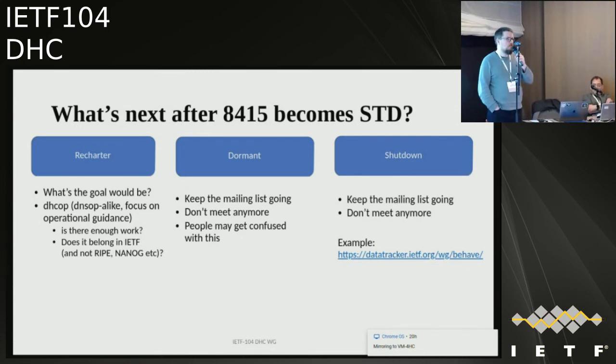Just to echo Suresh again with his AD add-on, it supports going dormant after 8415 goes to full standard. Okay. Just to reiterate, we are not talking about doing this now, but within a year, after we finish the current work and also promote to full standard.